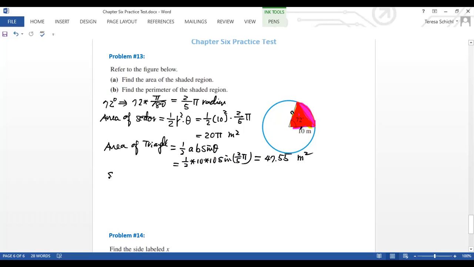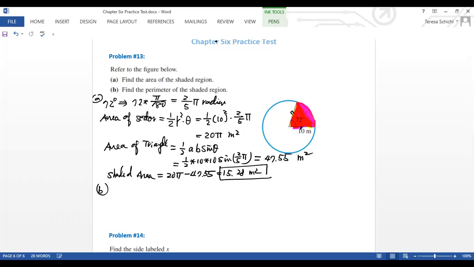So now I know the shaded area will just be 20 pi minus 47.55. Okay, so it will give you 15.28 meters squared.